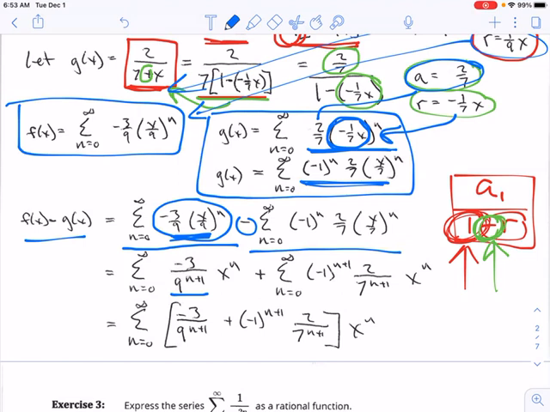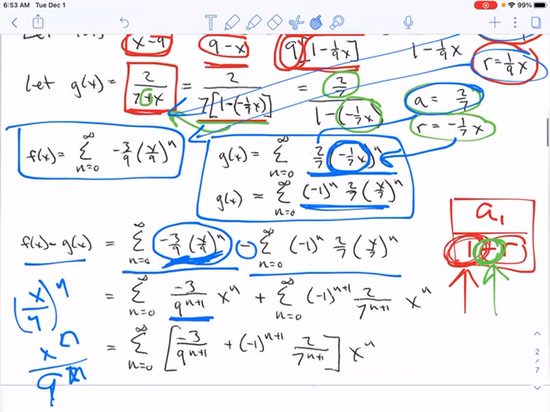So we have x over 9 to the n is really x to the n over 9 to the n. And so if you have 9 to the n in the denominator here, and 9 to the 1 in the denominator here, and you're multiplying, you add the exponents, which is where the 9 to the n plus 1 comes from.